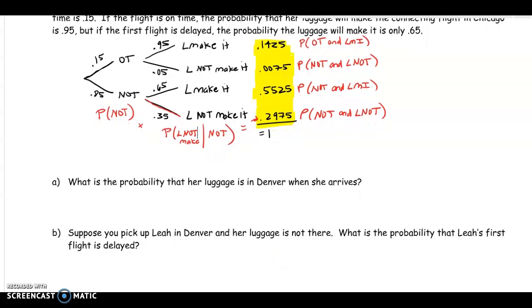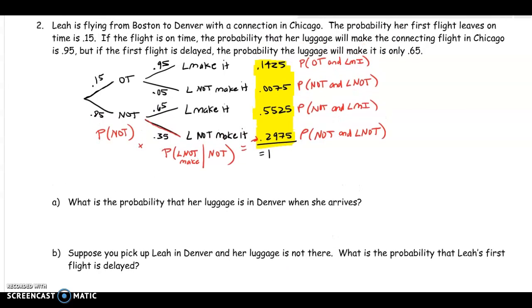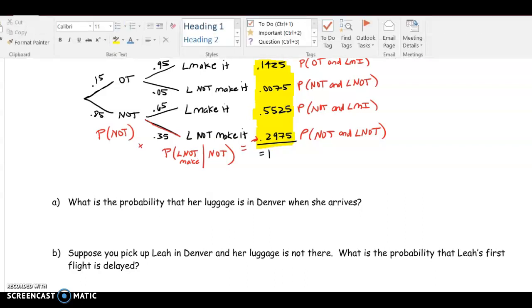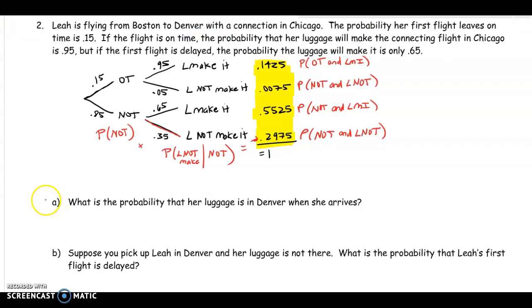Okay, so what is the probability that her luggage is in Denver when she arrives? So for this one, all I'm going to do is look at the sample space and find where her luggage is in Denver when she arrives. So if her luggage makes it, it's going to be in Denver with her. Let's see, she's on time and her luggage makes it.